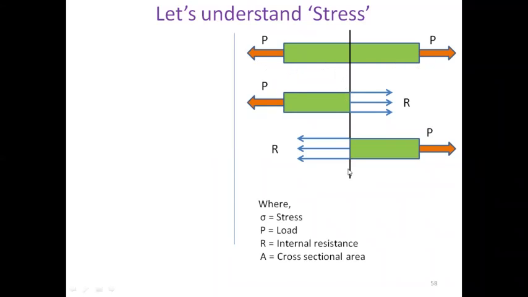Means after cutting also through the imaginary plane or section, the half segment will try to maintain the equilibrium. So though the left force P is acting to the left, to balance the equilibrium this section line will offer an equal and opposite force, denoted by capital R and highlighted with blue color.